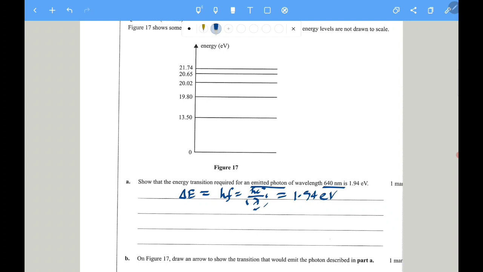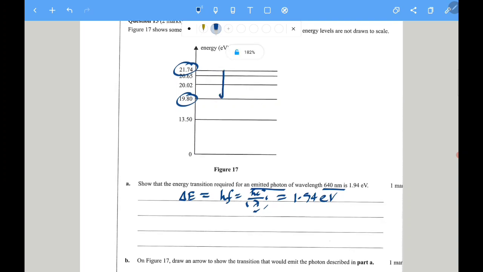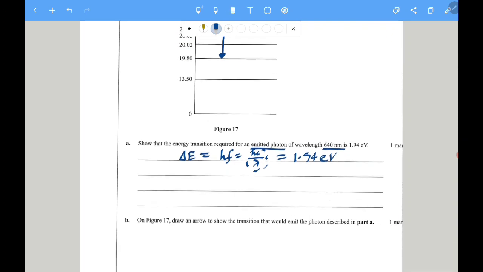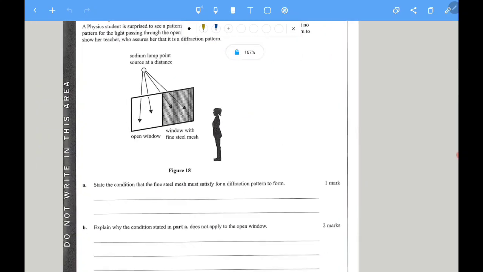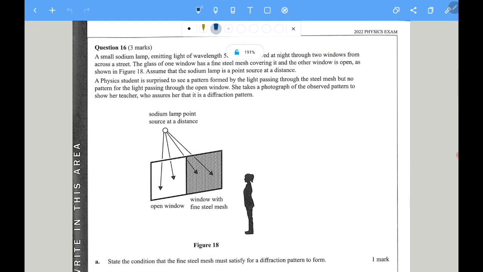So going from 19.8 electron volts to 21.74, well, that will result in this energy difference. In this case, we're emitting a photon, so we have to go from a higher energy level to a lower energy level. Right? If we were absorbing a photon, it would be the other way around. All right. No, that's it.